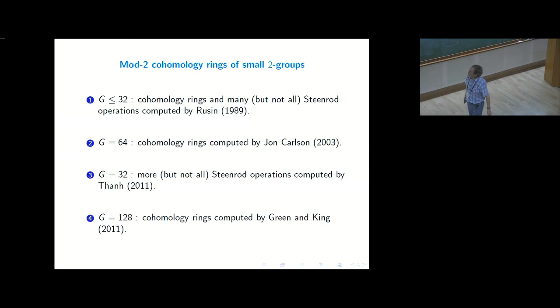Then, groups of order 128 in 2011, Simon King and David Green worked on those. There were two extra ingredients here. One of the ingredients was that David Green had developed some non-commutative Grobner basis techniques that work with finite p-groups.